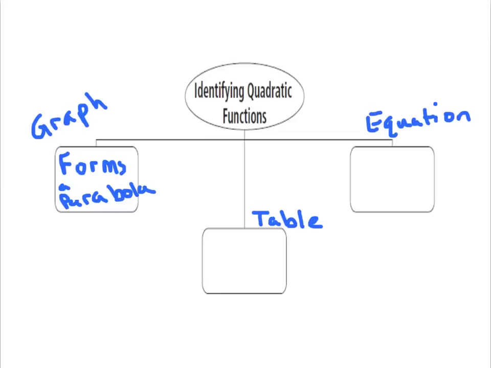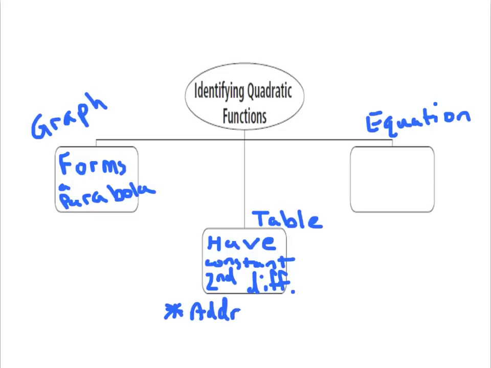And then if we're given a table, then it should have constant second differences. Constant second differences. And this is something that we will address in class. So I'll put a little star next to it.